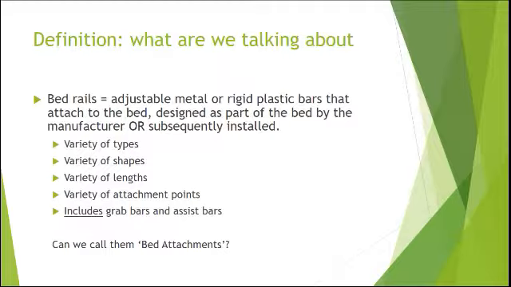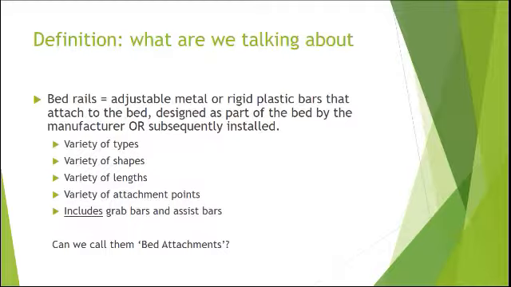The definition speaks to a variety of types and shapes. Like I said, it could be the halo shape, could be the transfer bar type of attachment, a variety of lengths. Yes, in fact, it includes the teeny weeny rail that's only at the head of the bed. It could be a quarter length, half length, full length. All of it counts.